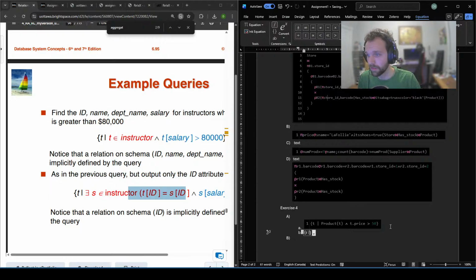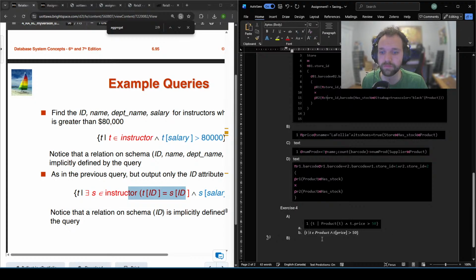T such that T belongs, that's epsilon, to product. T price. And 50.